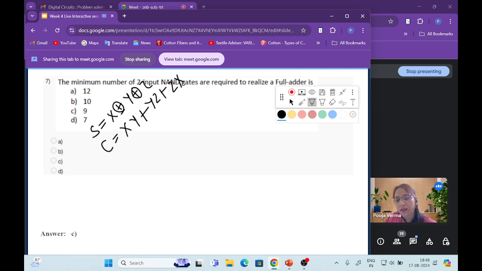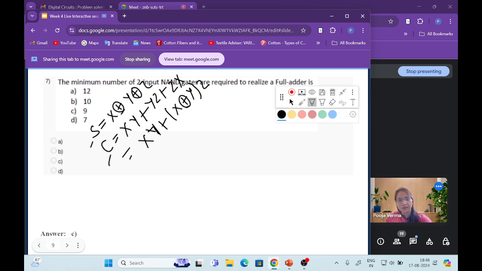In order to make it with NAND gates, the other expression for carry is also there. That is xy plus (x XOR y)z, if you simplify this one. This is the Boolean expression for sum and carry. Okay.